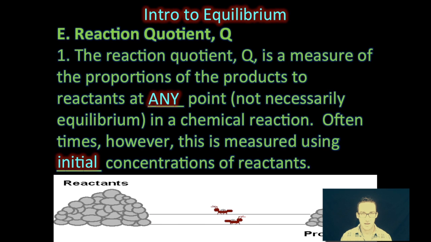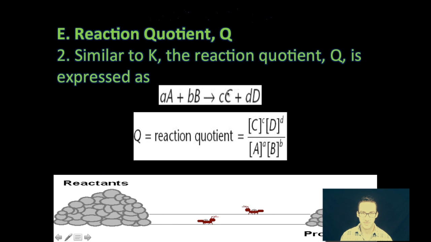All right, and lastly here, a big thing to take away from equilibrium is the reaction quotient, Q. The reaction quotient is a measure, again, of the proportions of the products to reactants, but instead of at equilibrium, it's at any point. And oftentimes, this is measured using initial concentrations of reactants, which we're going to do a lot in electrochemistry.